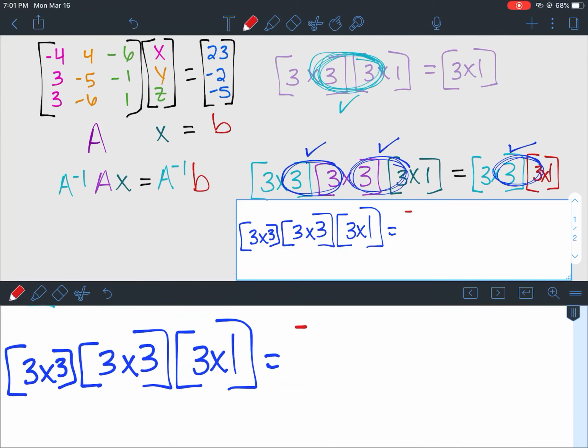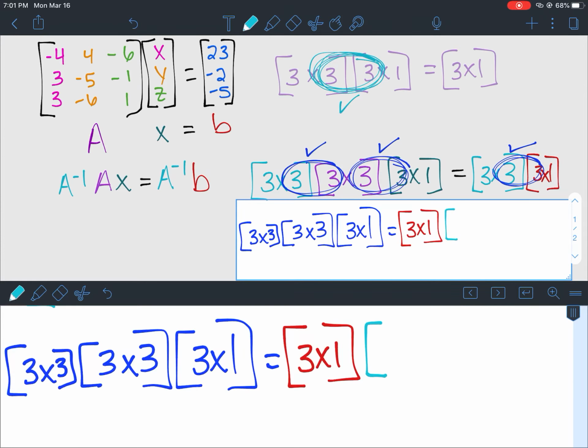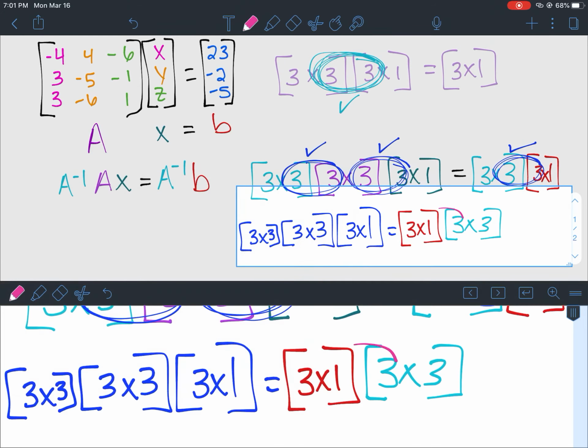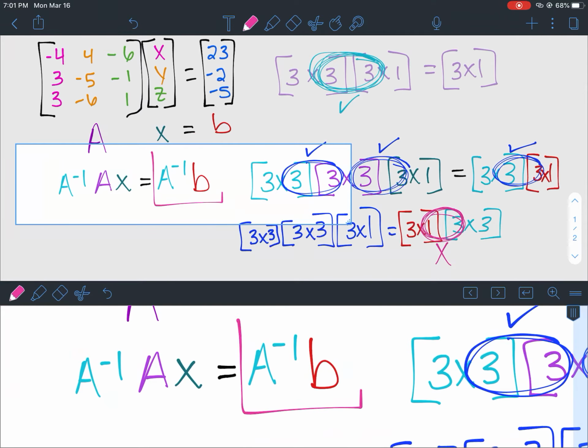But when we got over to this side, you tried to do the 3 by 1 matrix, that's your B, times your inverse matrix, which is a 3 by 3. And if you notice what happens here, if you look at this part, these two numbers are not the same. That means we cannot multiply those two together. That's why you guys were getting those decimal answers. So when we're doing something like this, we just want to make sure that we're doing it like this.